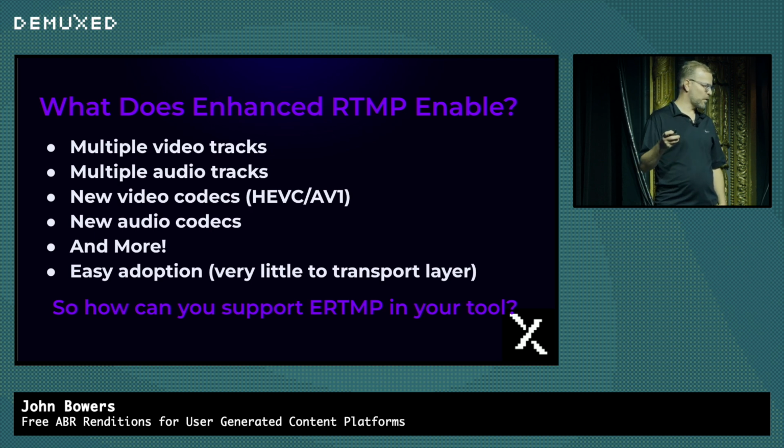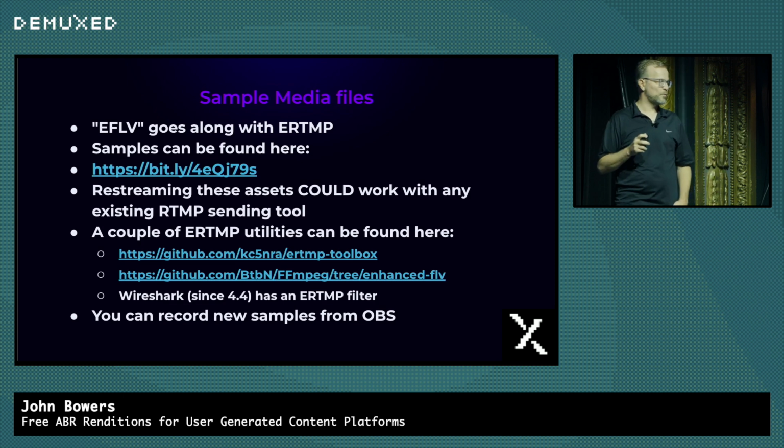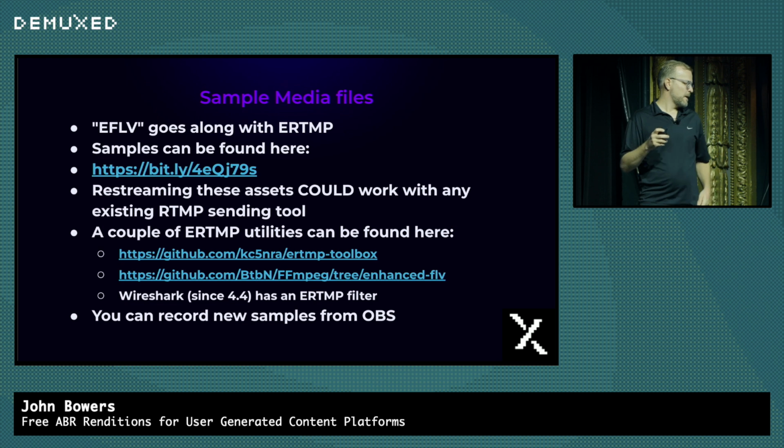So if you want to support ERTMP in your tool, I found that sample media files are very useful. I've generated some EFLV samples that go right along with it, and there's a link here. There's a couple of existing utilities, ERTMP toolbox, there's a FFmpeg branch that supports EFLV.